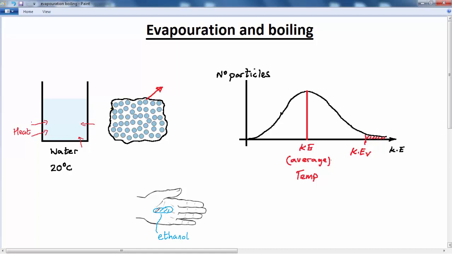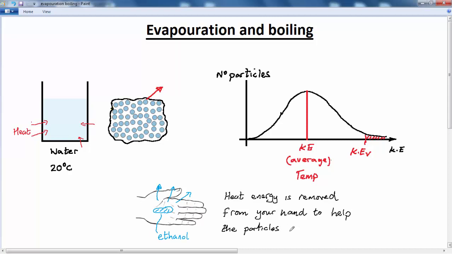Now, in this case, where is the heat going to come from? Well, it's going to come from your hand. So as the ethanol is evaporating into the gas state, you will immediately note that your hand starts to get cold, because it's drawing heat energy from your hand in order for those ethanol particles to evaporate. So we can say that heat energy is removed from your hand to help the particles evaporate.